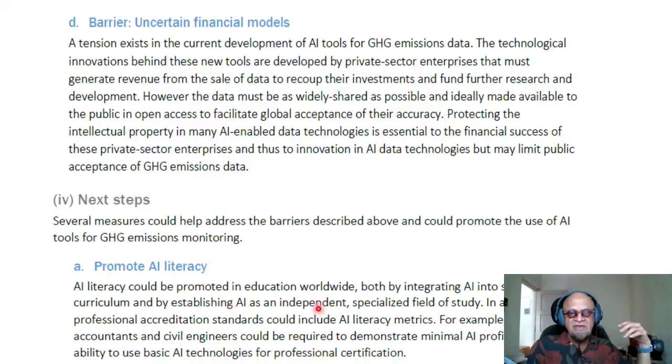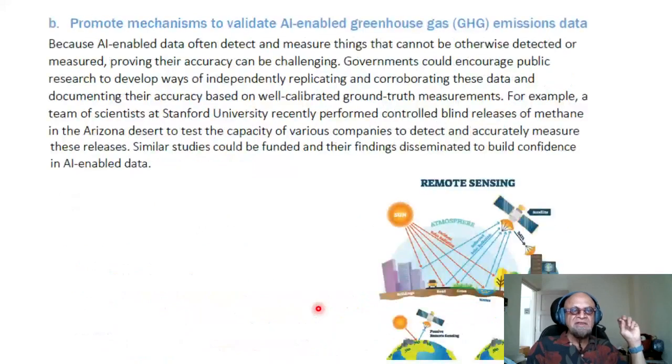Promote AI literacy. As we said, this can be a barrier, so promoting literacy obviously makes life easier. Promote mechanisms to validate AI-enabled greenhouse gas emissions data. So you have a mix of data for energy balance, tracking closely the emissions budgets, inventories, and so on.